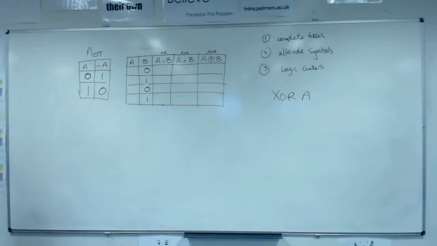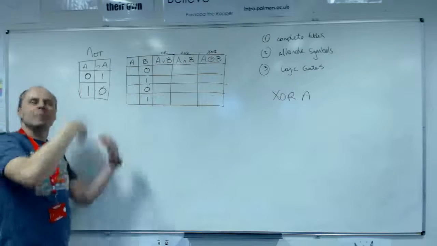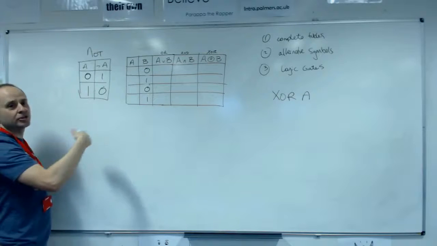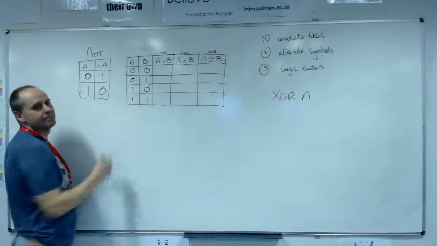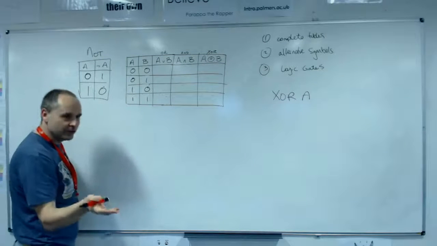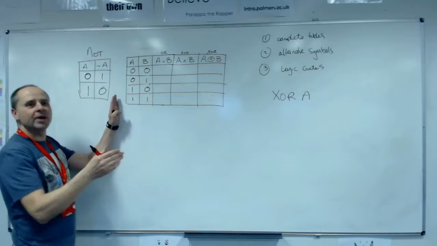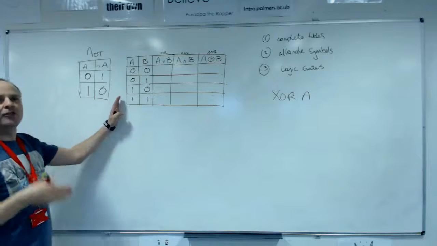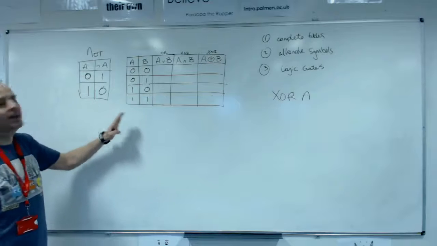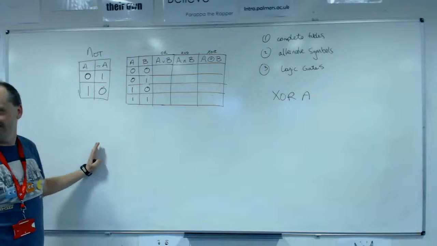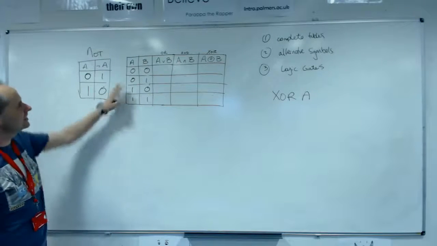Every time I move this way, we have a little bit longer before we alternate, in powers of 2. So this time the A, we're just going to go 0, 0, 1, 1. So every 2. If we have another column, it'll be every 4. If the example had gone evil and decided to give you a 4 input problem, then it'll be every 8. But okay, so that's all that is.